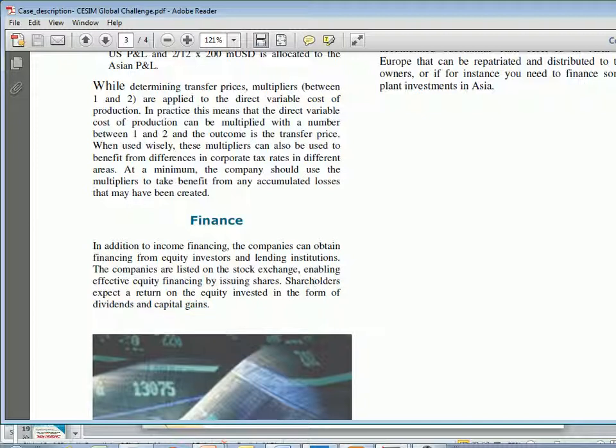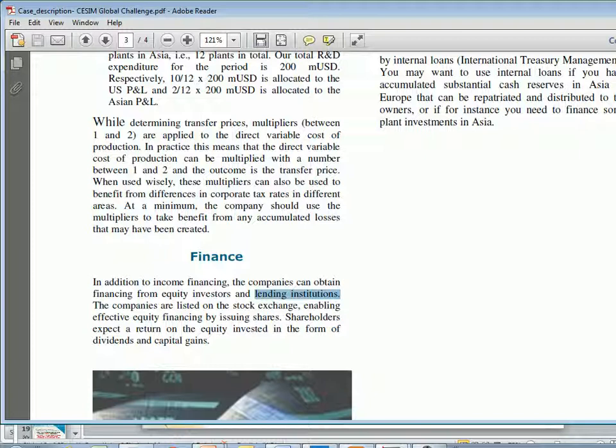One of the reasons why companies like to have increased shares and equity is there's no legal obligation to pay back the investors who've bought into your company. But if you borrow money from lending institutions like banks, you have to pay them back, and they usually have an interest rate that you pay them back on at a certain schedule.